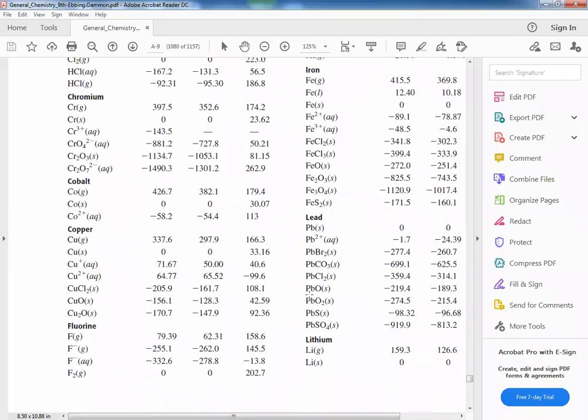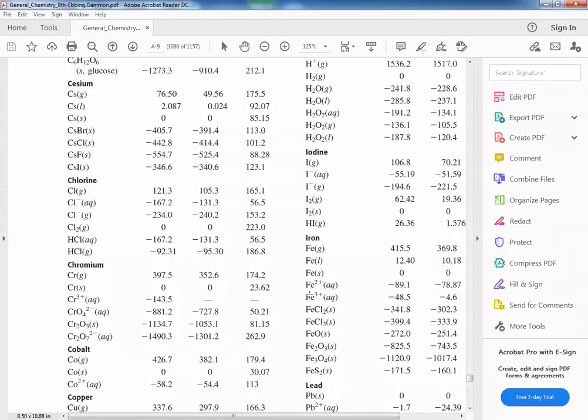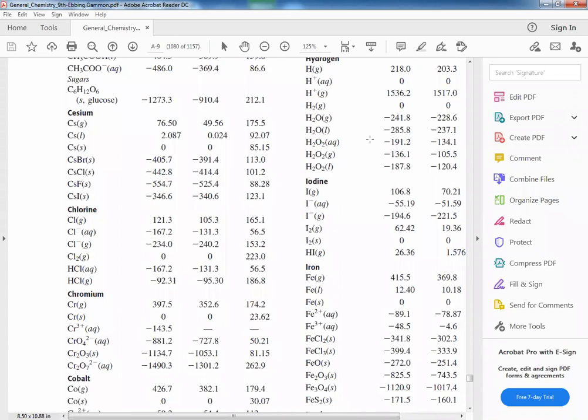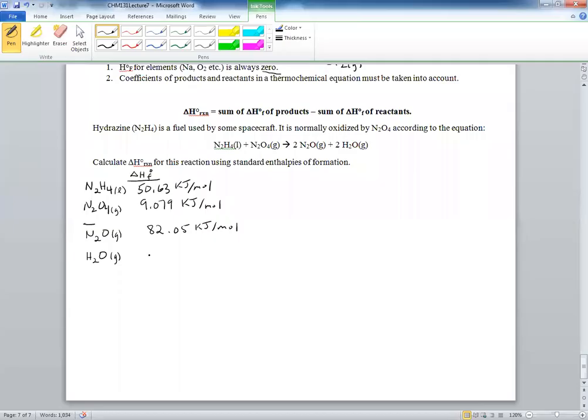We go and look for it. So here it is, negative 241.8. Very well. So we have our values.